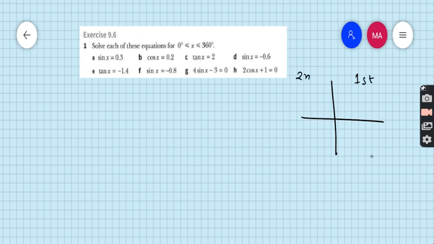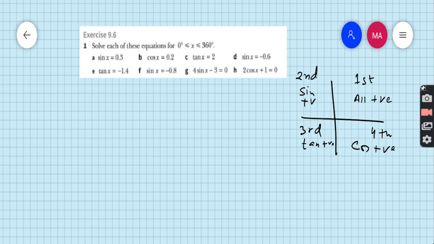There are 4 quadrants in trigonometry. In the first quadrant, all trigonometric functions are positive. In the second quadrant, only sine is positive. In the third quadrant, only tan is positive. In the fourth quadrant, only cos is positive and all the remaining are negative.